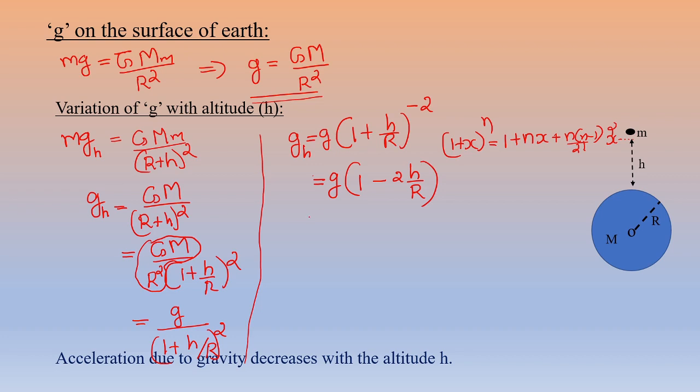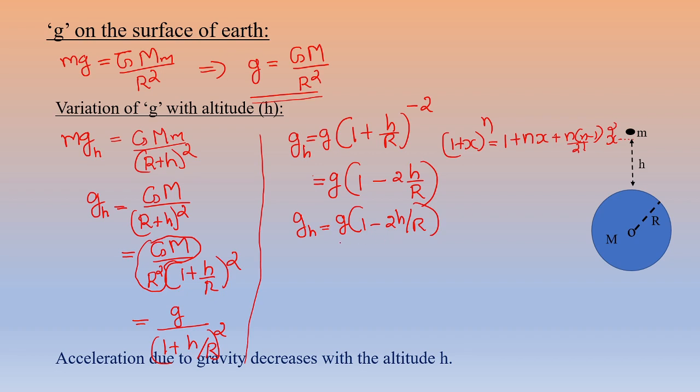Now this is the expression for the value of g at a given height h from the surface of the earth, and from this you can see that as the height increases, the value of g decreases.